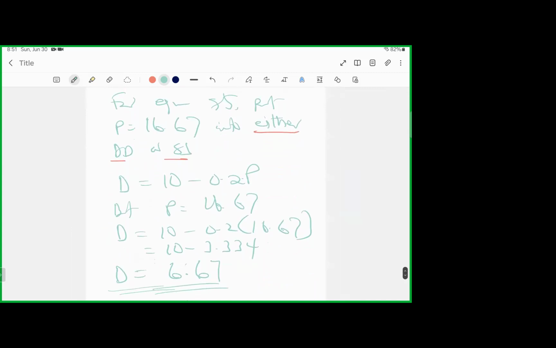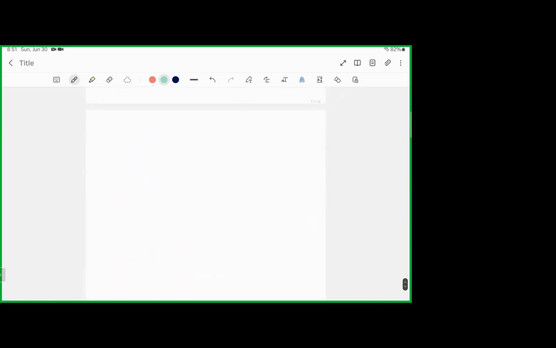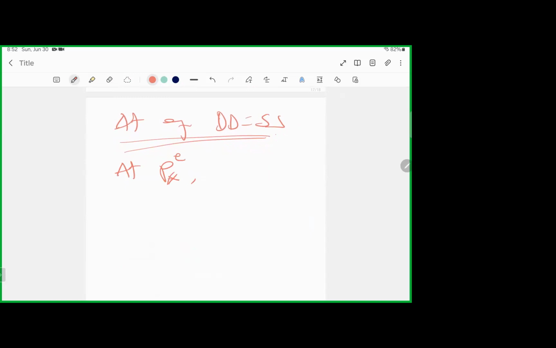So okay. In finding the equilibrium quantity, remember you have established your equilibrium price already. And we said that at equilibrium, demand is the same thing as supply. At equilibrium price, the quantity demanded will be the same as the quantity supplied.